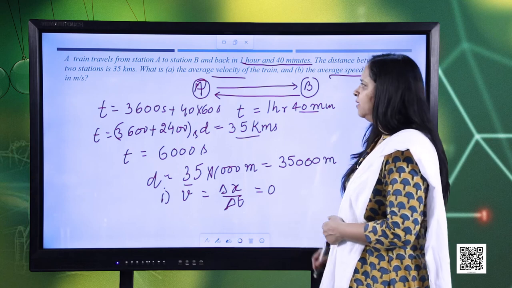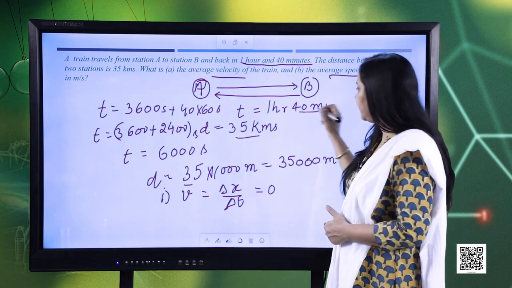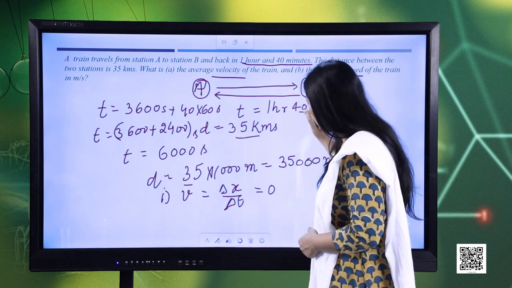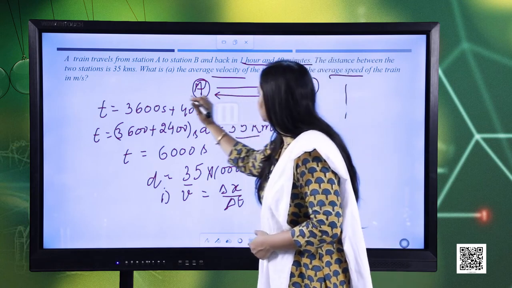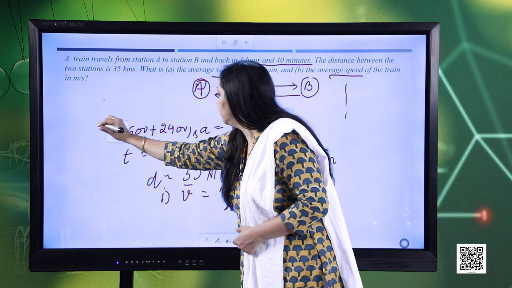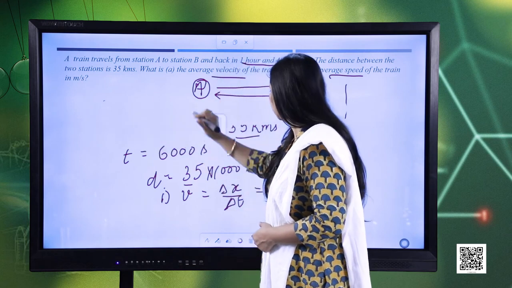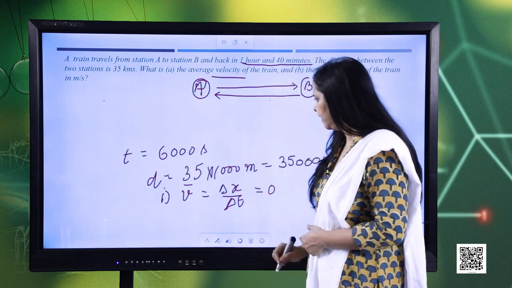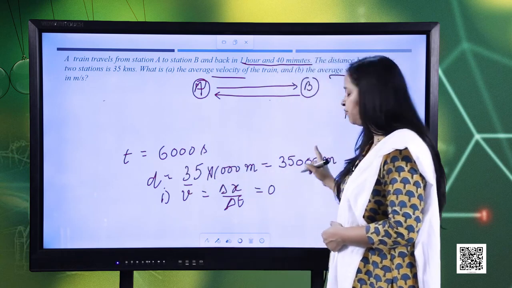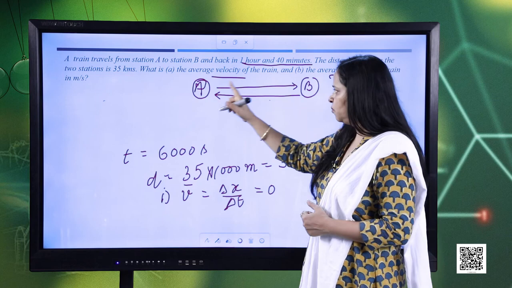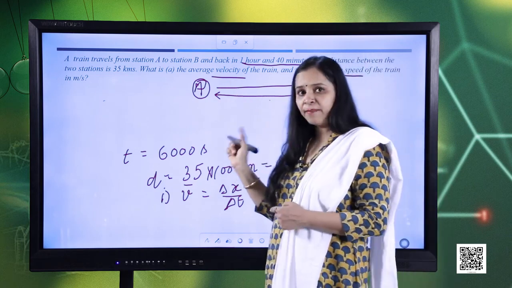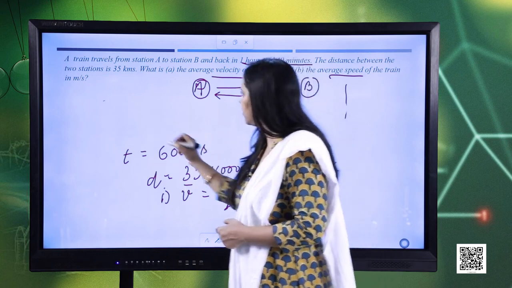Now, when we talk about average speed, what are we going to consider? Let's find out the average speed now. The total time taken is 6000 seconds. The distance is 35,000 meters in one trip, that is going from A to B. But while coming back, the total distance traveled will be 2D.